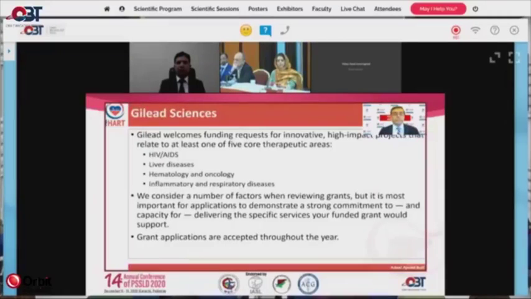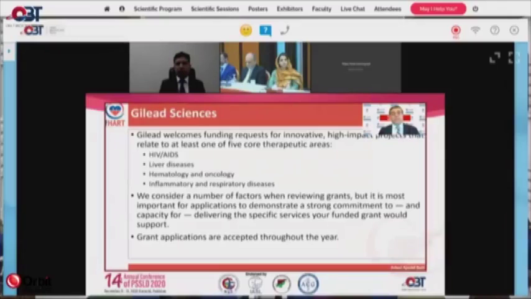Moving on to some international agencies that would fund research in Pakistan. Generally the pharmaceutical companies who have some stake, you can put in competitive applications for some of these. And Gilead Sciences is, I think, one of the major ones who are funding research in the field of hepatology.